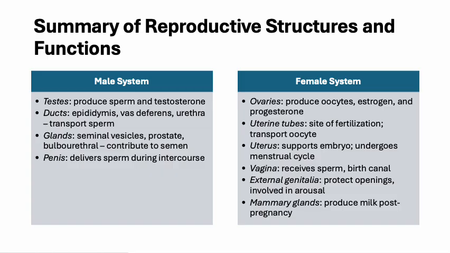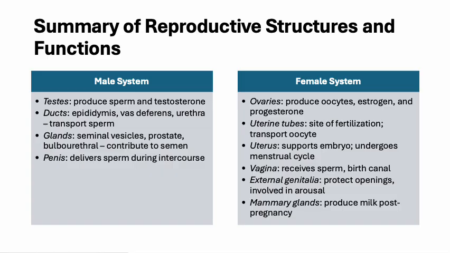The reproductive systems in males and females are structurally distinct, but functionally complementary. In males, the testes are the primary organs producing both sperm and testosterone. A system of ducts and glands ensures sperm are matured, nourished, and delivered through the penis. In females, the ovaries produce oocytes and hormones that regulate the cycles and prepare the uterus for possible implantation. Fertilization usually occurs in the uterine tubes, with the uterus providing support for the developing fetus.